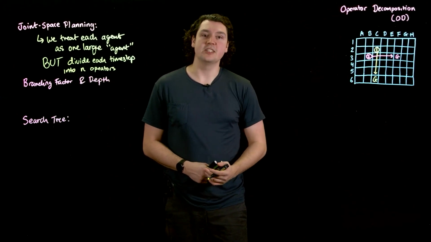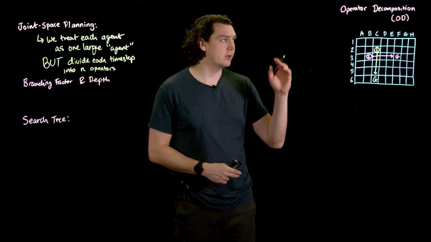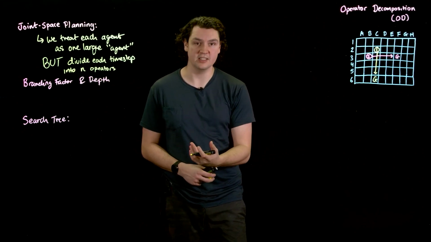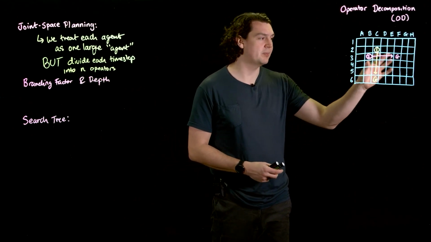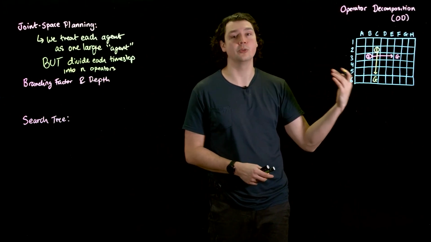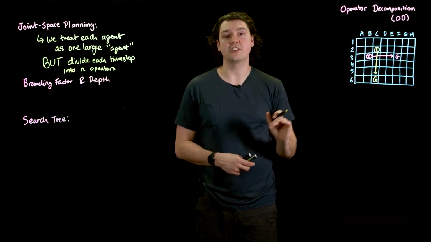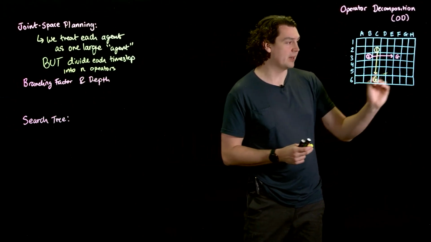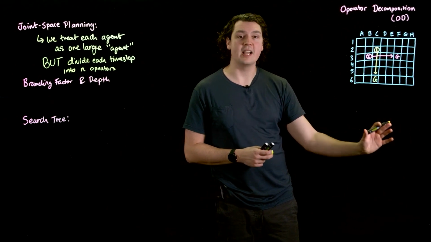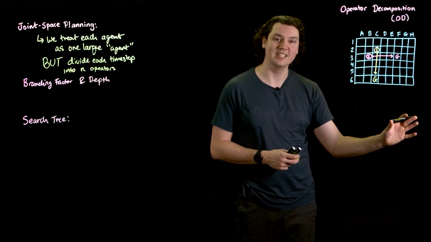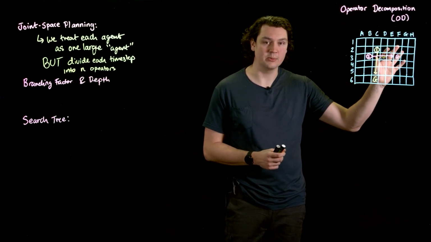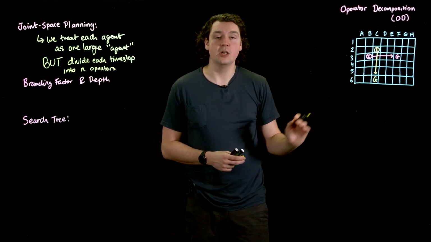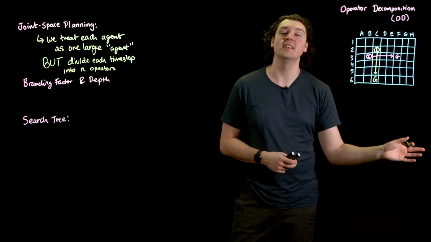I'm not going to get to it in this video, but in the next video, there is something called independence detection. We're going to be able to very easily, very intuitively, find which agents are actually ever going to interact. So imagine there was some far away agent, agent 3, all the way down here, that was never going to interact with the path of agent 1 and 2. Well, you would describe that as an independent group.